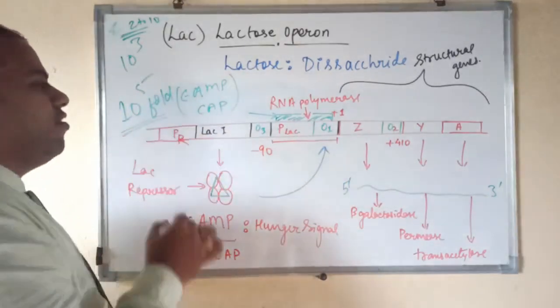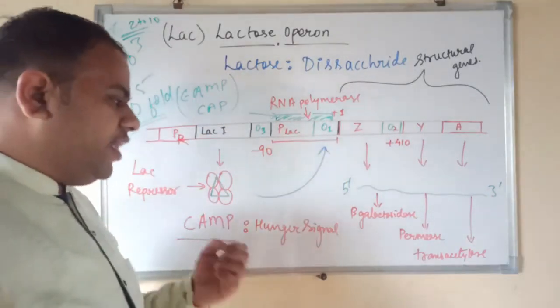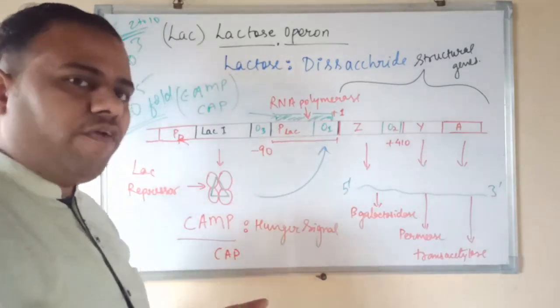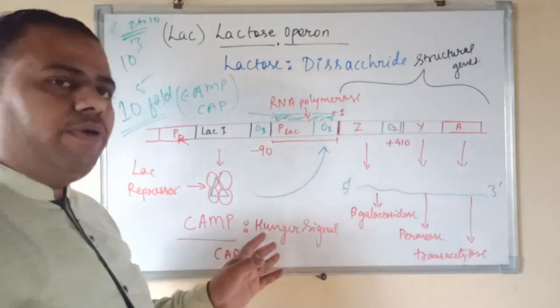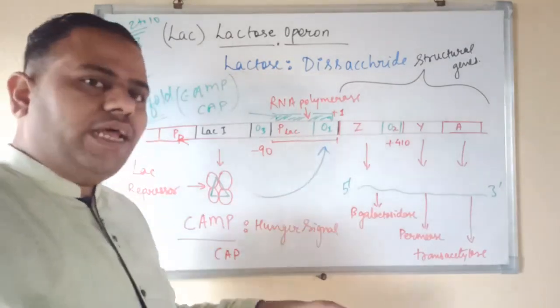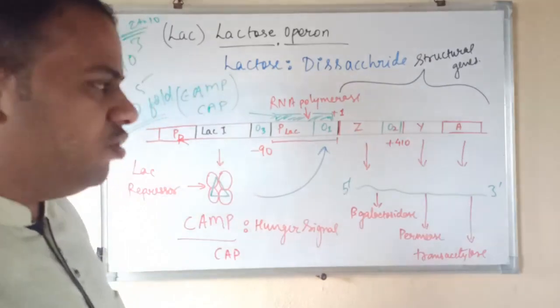The synthesis can reach up to 10 raised to 5 folds, and then from the glucose and galactose that is formed, the glucose is taken for the utilization of energy, and the galactose is again converted to glucose, and then this glucose is utilized for the production of energy.